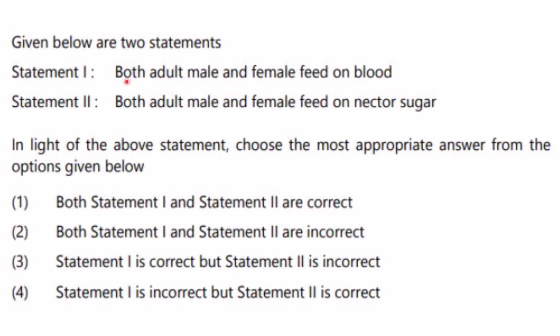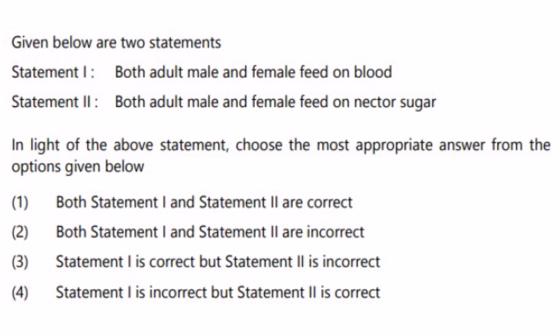Then next one. Both adult male and female feed on blood. Here they have not given the name of the arthropod. So I am taking it as mosquito, after referring to the answer key. So if you take mosquito into consideration, both adult male and female feeding on blood is incorrect.